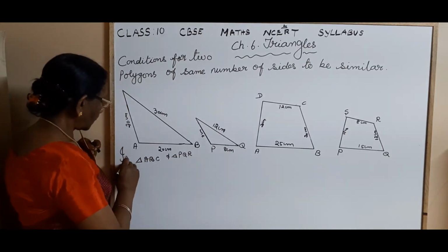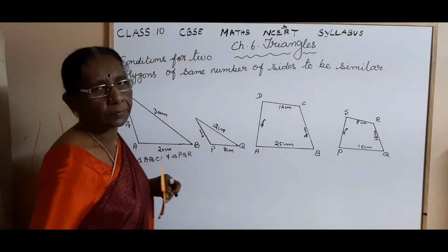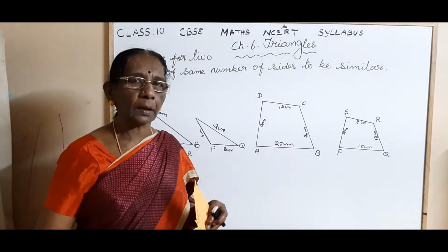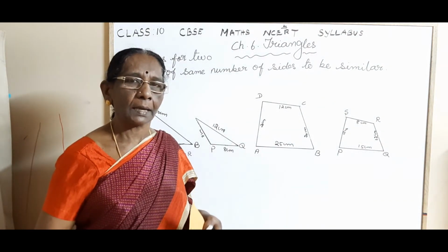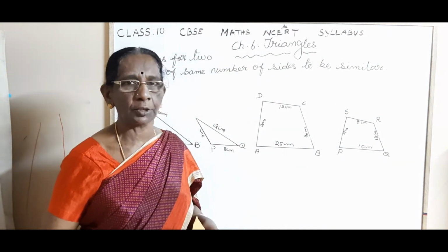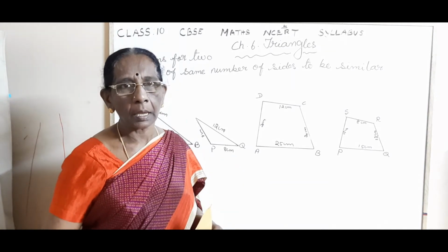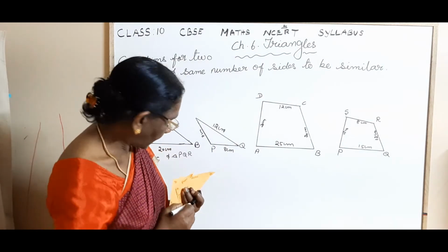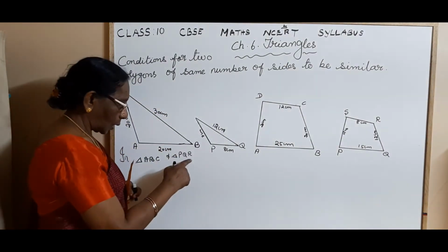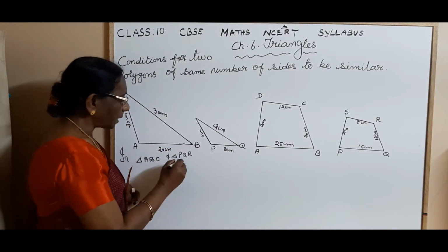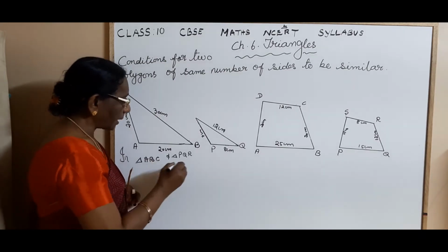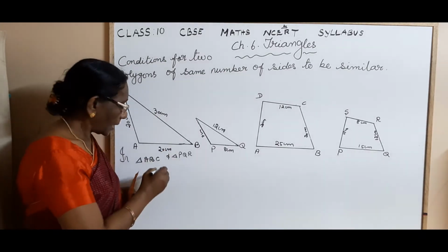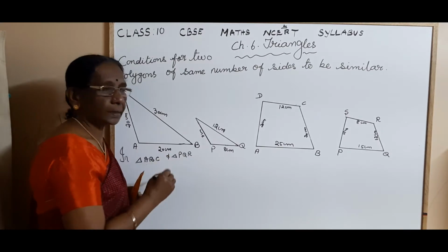So, I am going to take the two triangles and check whether they are similar or not, that is, whether they satisfy the conditions for similarity, and whether the naming is correct or not. If I have named them ABC and PQR, angle A and angle P are corresponding angles, angle B and angle Q are corresponding angles, angle C and angle R are corresponding angles.